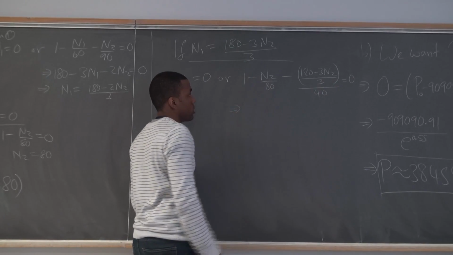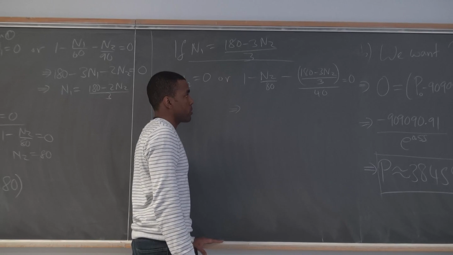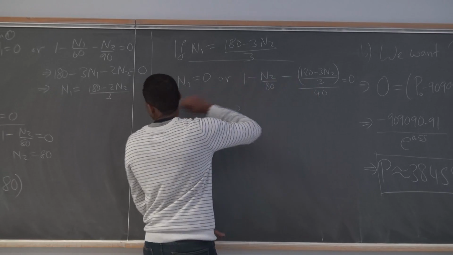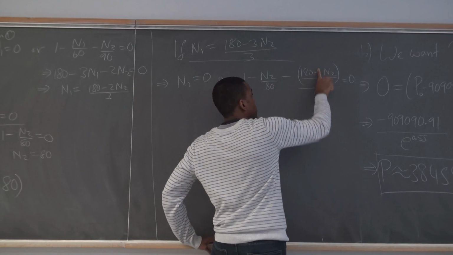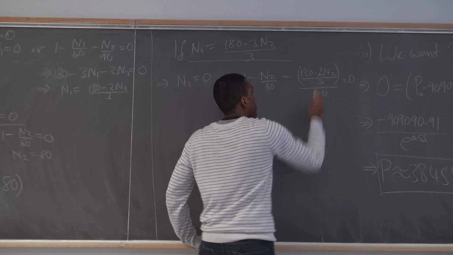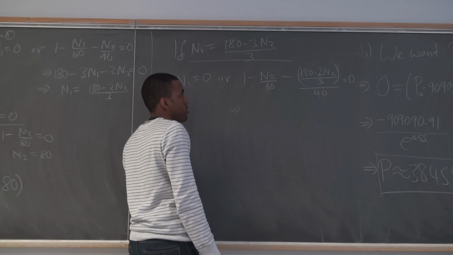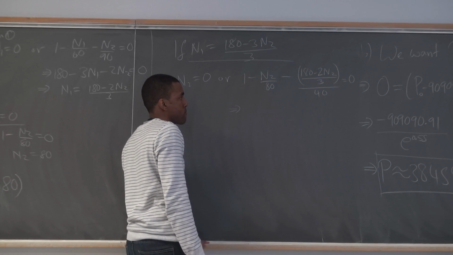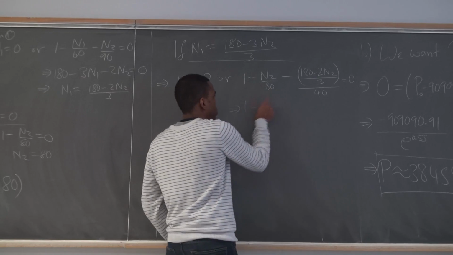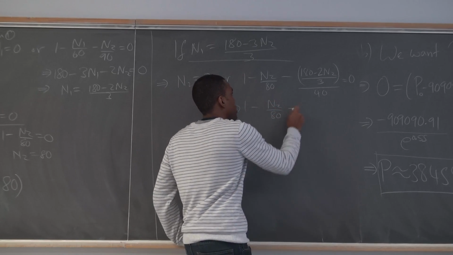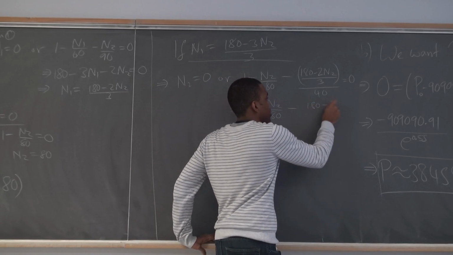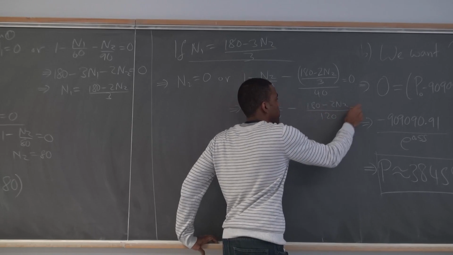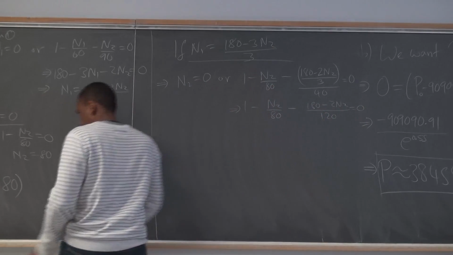And so now we have to solve this, right? You can multiply by 80. You'll still have a fraction though. You have to multiply by 80 times 3 basically. This is really 1 minus N2 over 80 minus 180 minus 2 N2 over 3 over 40. Right, so that's sort of what you want to multiply by.